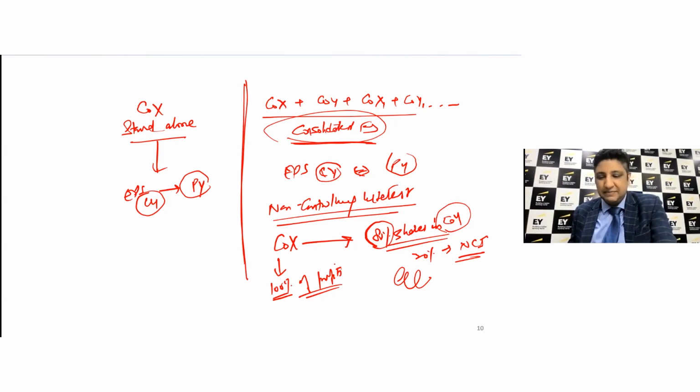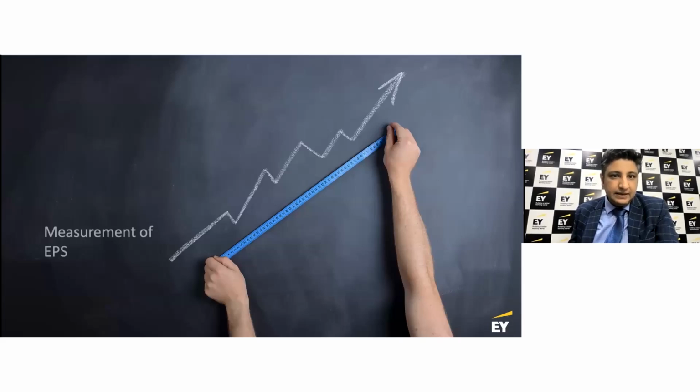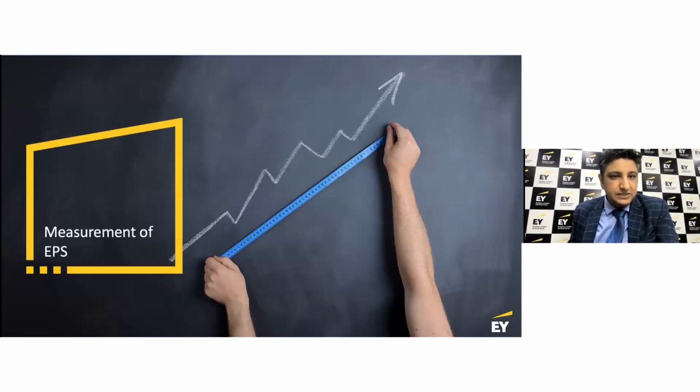That is something that we will see when we look at the measurement aspects. Now this is more conceptual, and from an examinations perspective, you might want to remember that at a group level there are some adjustments that we need to make when we measure that EPS.